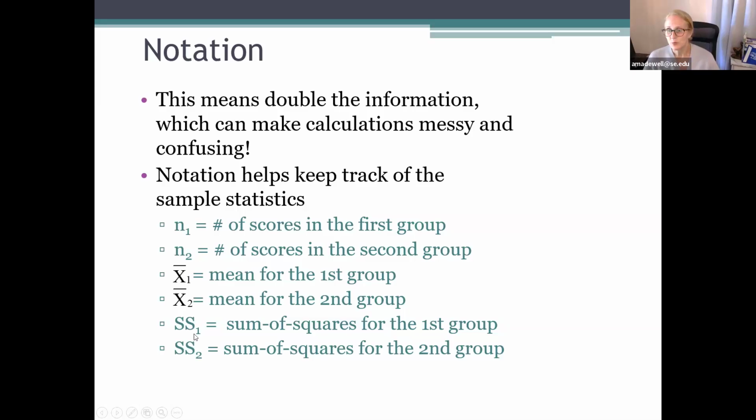Then SS1, the sum of squares. Remember calculating that when we did standard deviation on the midterm? You won't be hand calculating this on the final or the homework, but we're going to review it. We now have two sums of squares: one for our experimental drug group and one for our control group.